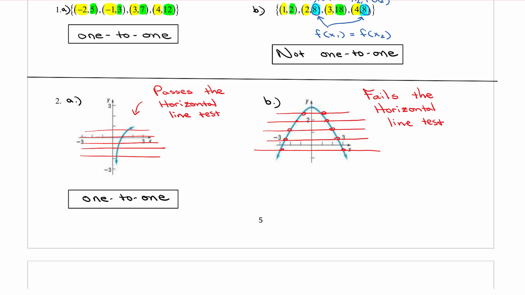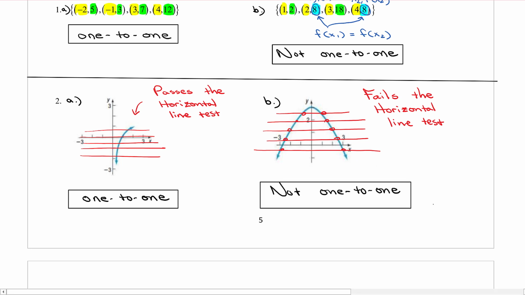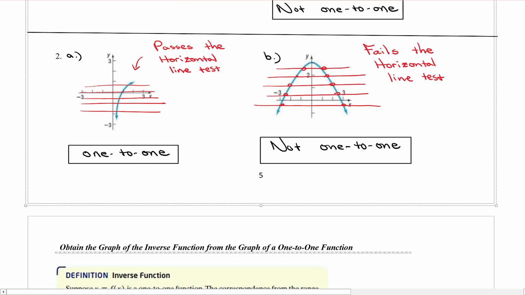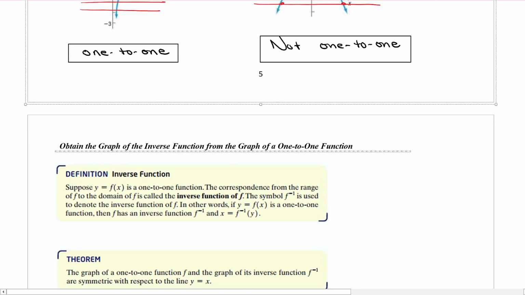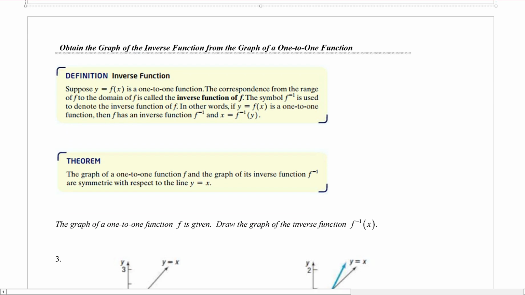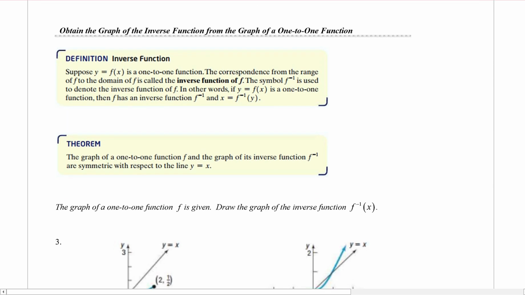Therefore, this function is not one-to-one. So you can see how to tell whether functions are one-to-one. Hopefully that's not too bad.